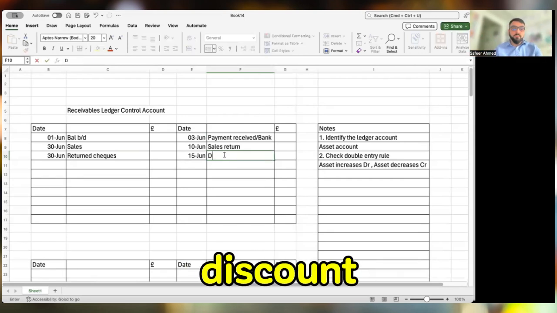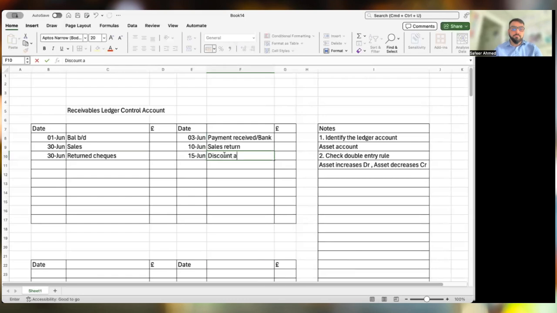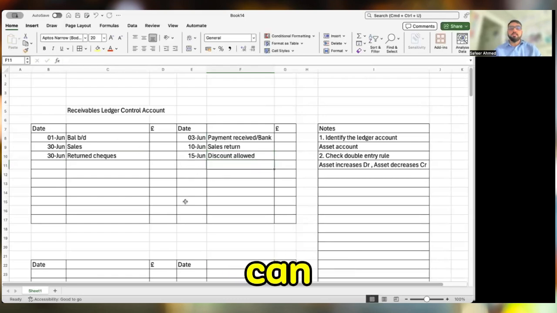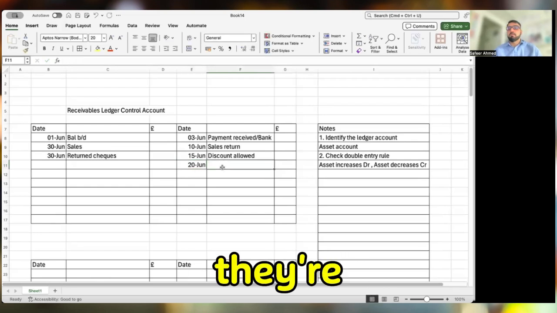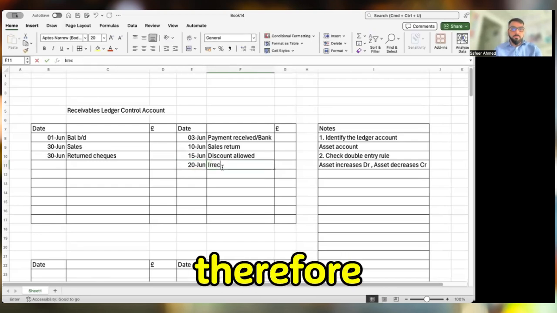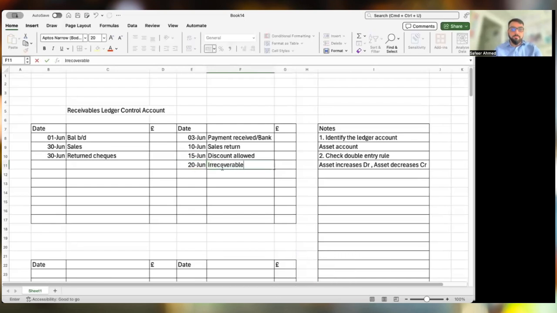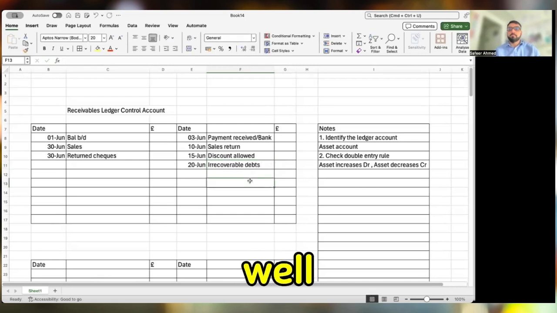So discount allowed will go on the credit side. What else can decrease the receivable ledger, or the money your credit customers owe you? Irrecoverable debts. For example, if a customer has gone bankrupt, obviously they're not going to pay you. So irrecoverable debts will go on the credit side here as well.